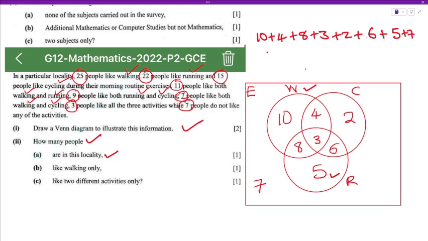I think I didn't punch the values properly. 10 plus 8 plus 4 plus 3 plus 2 plus 6 plus 5 plus 7. Okay, that gives me 45. So we have 45 people in this locality.